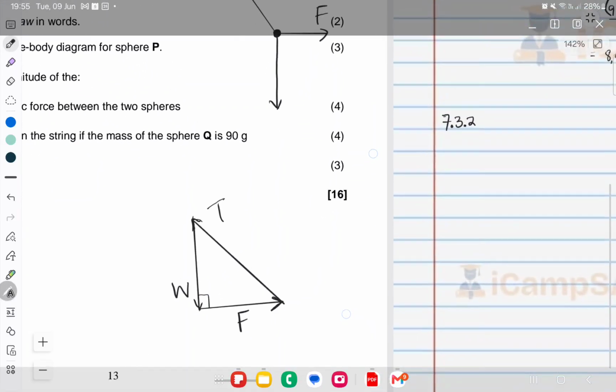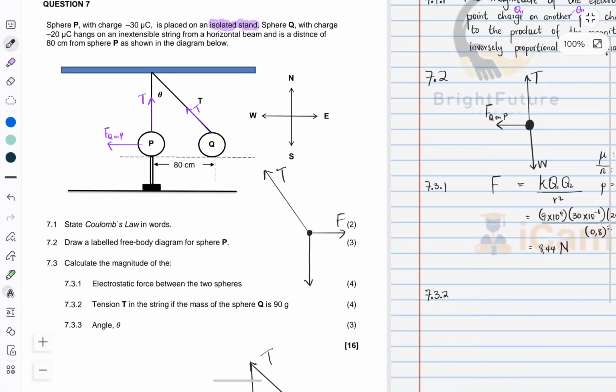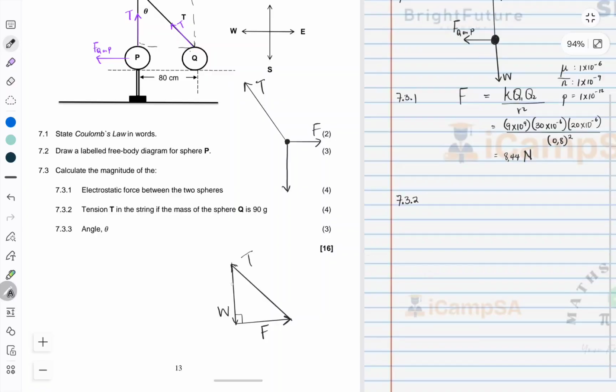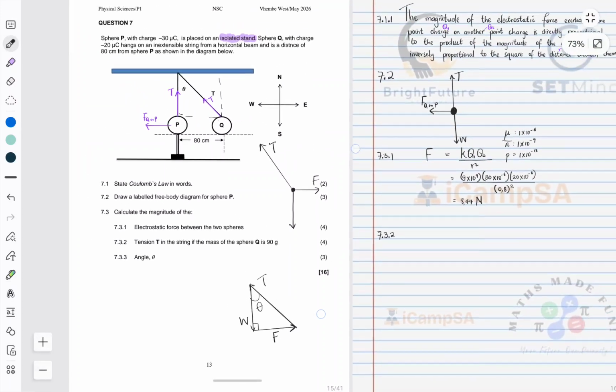It will be a right angle triangle. The theta will also be there, between T and P. That's our theta.